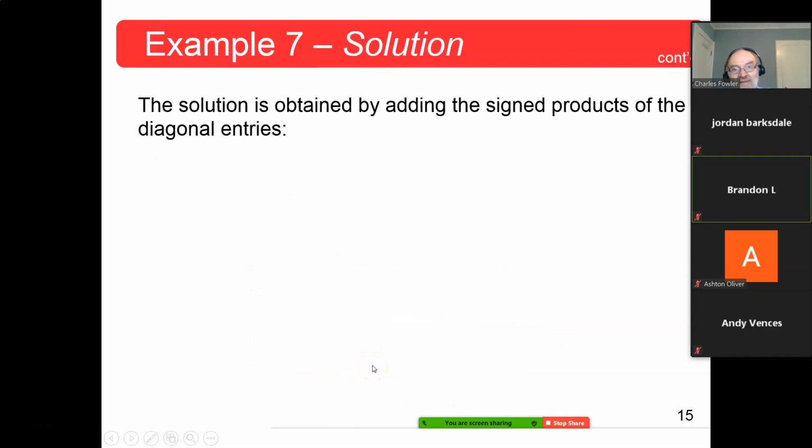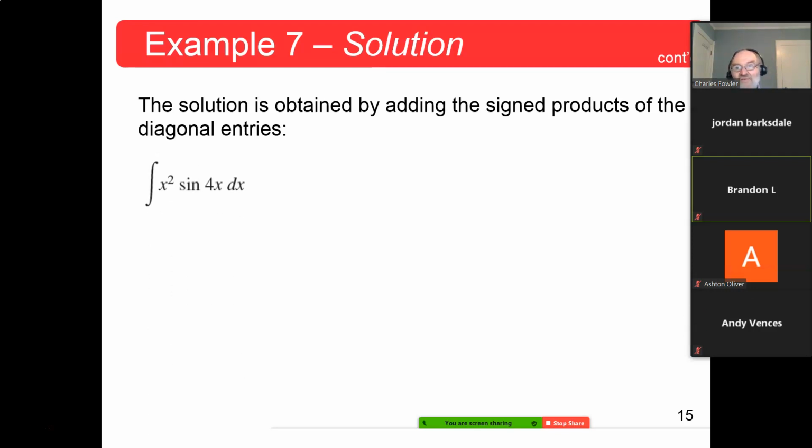Okay, the solution is obtained by adding the signed products of the diagonal entries. Go across from the plus/minus sign to the function, the u function, and then go down that diagonal entry to the dv.